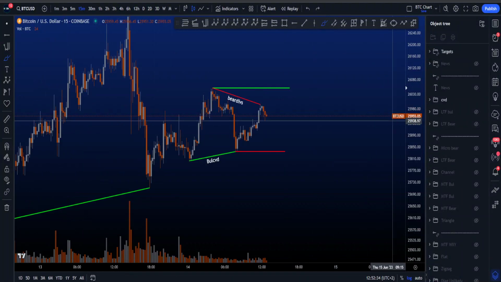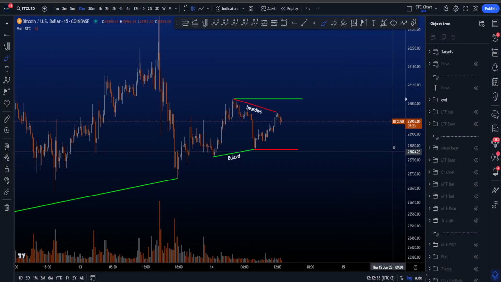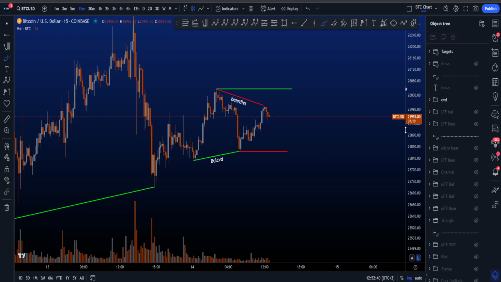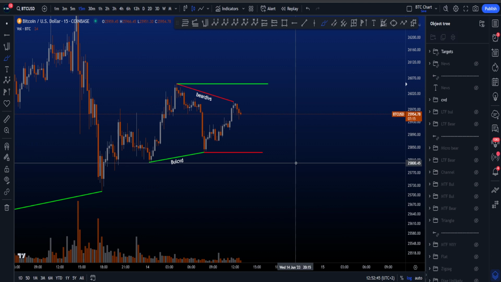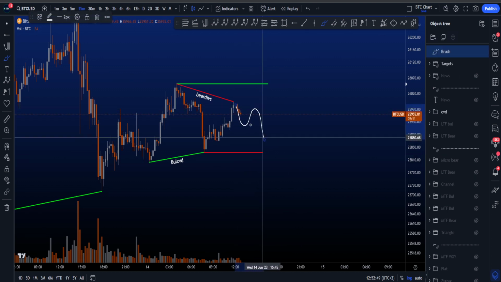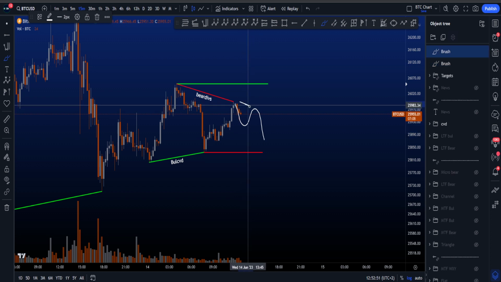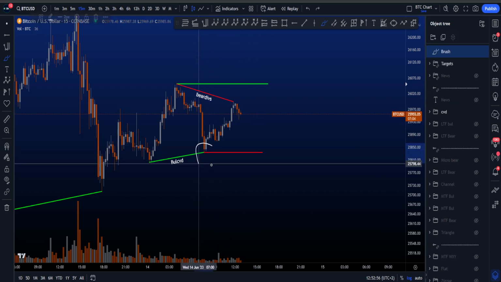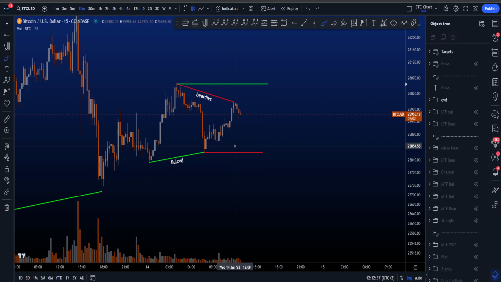Now from experience, and of course it's all probabilities, there are no 100% guarantees, but from experience the CVD divergence that exists first has a higher probability of playing out unless we get something like this. Right, we get a retracement and then another bearish divergence over here. That's the moment where I'll be like, okay, the probabilities might change for more downside.